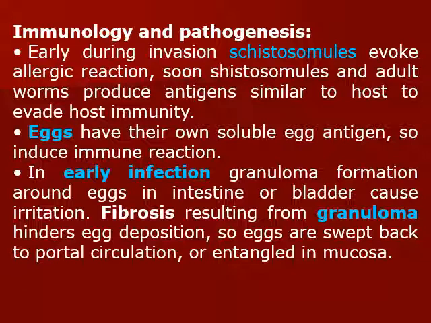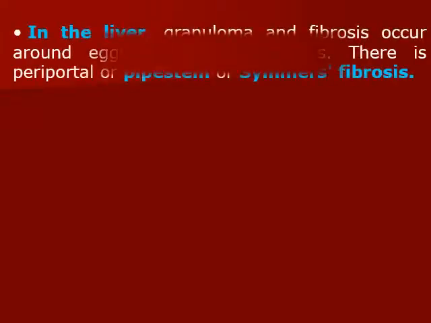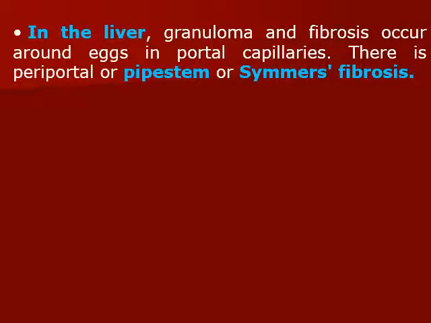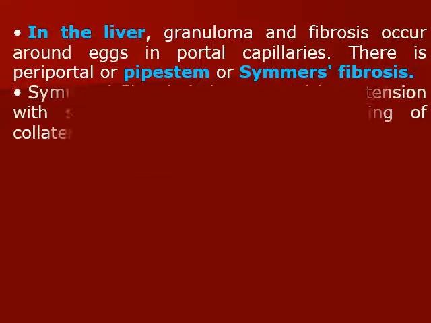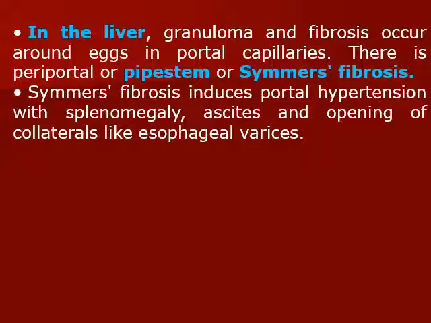Also, when the eggs are swept back to the portal circulation, they are deposited in the liver, and we'll see what they form. In the liver, the eggs can be lodged in the portal capillaries with fibrosis around them. We call it pipe stem or Symmers' fibrosis, or bilharzial cirrhosis, as it was called.